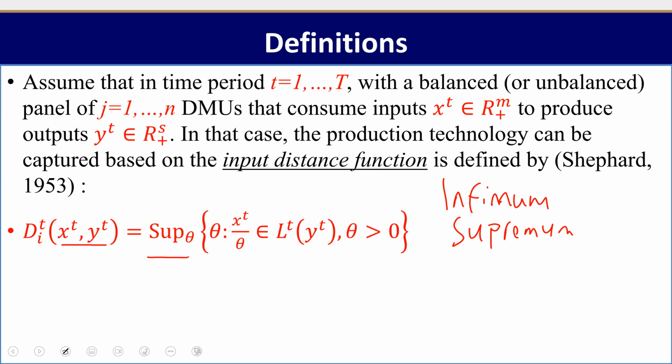Now, what is the difference between infimum and supremum? When we talk about the supremum of a subset, okay, let's say of a subset of a partially ordered set, the supremum of that subset is the least element that is greater or equal to the elements of it.